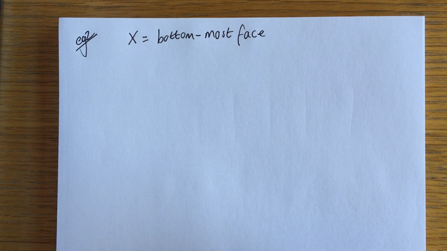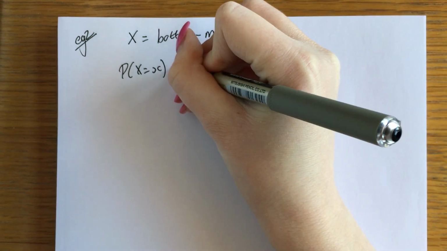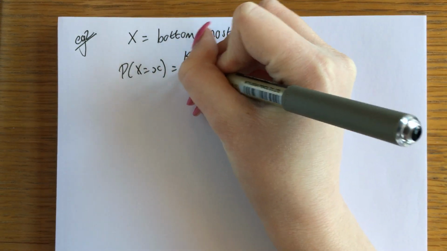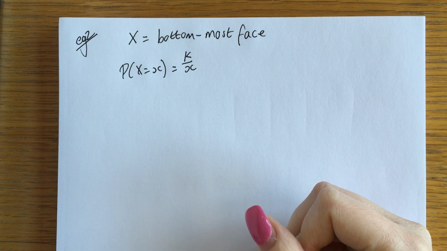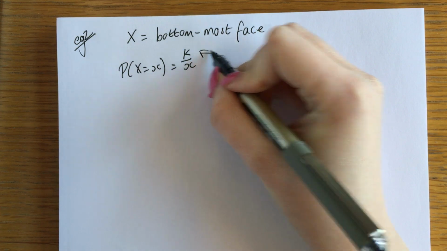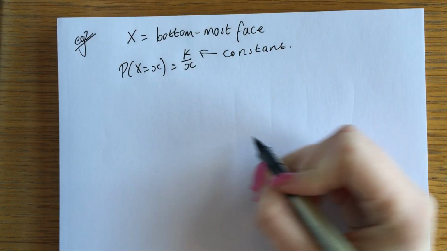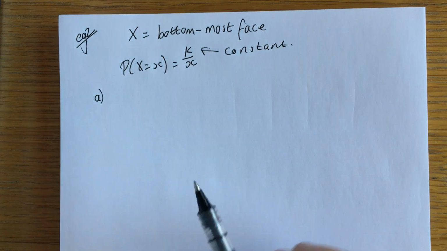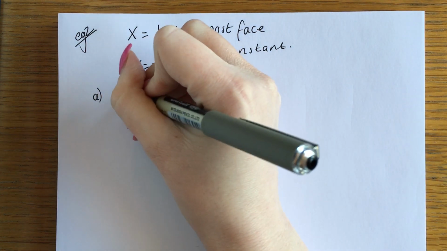So given that the probability that x is equal to a particular value is k over x, find the value of k. So k in this case is going to be a constant. Well, I've got quite a bit of information that I can use that maybe isn't given in the question, but I just know.